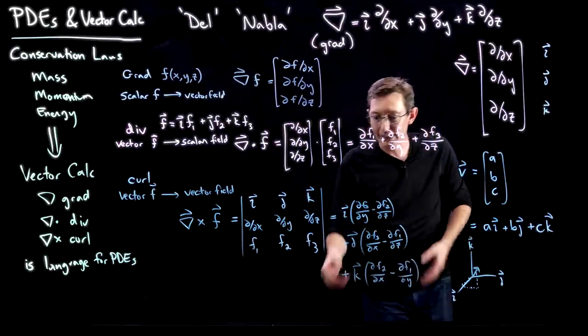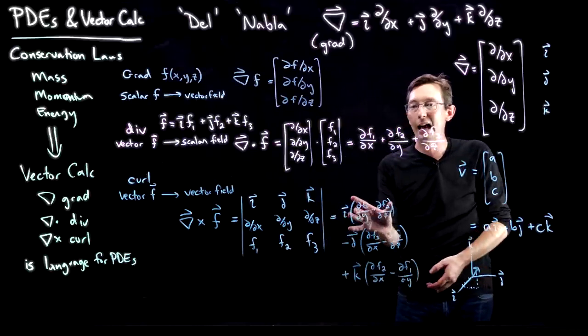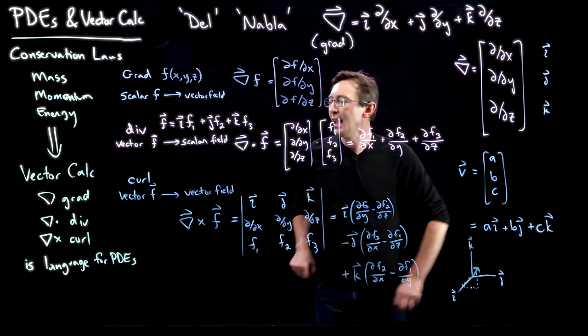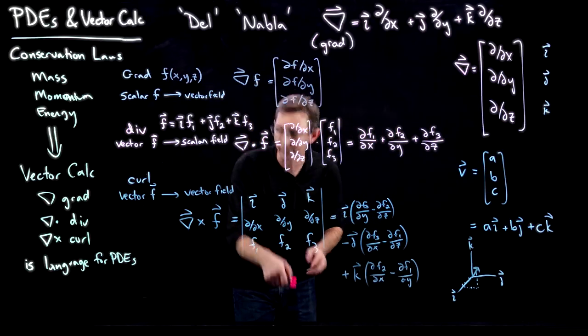So again, you can tell that this is a vector field because it has an i, a j, and a k component.